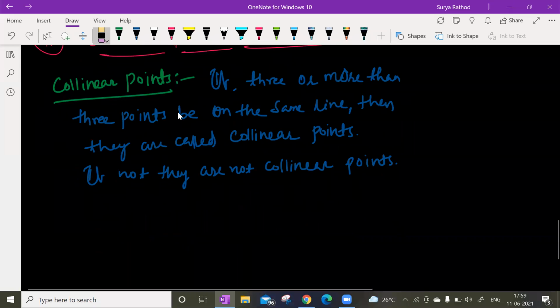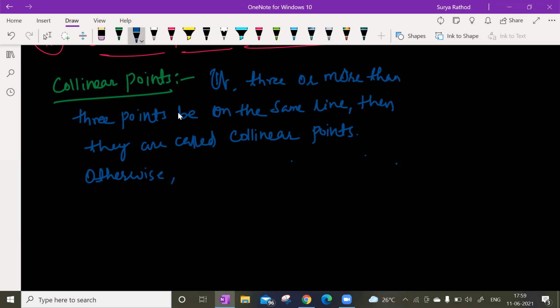Or else you can just write this sentence in your own language like this. Otherwise, you write otherwise. Simple definition. Otherwise, they are non-collinear points.